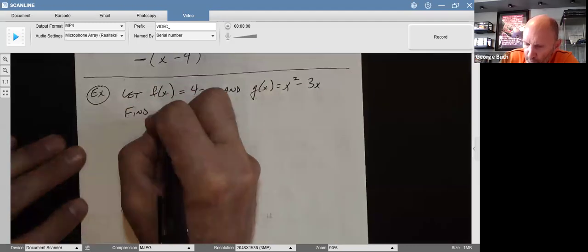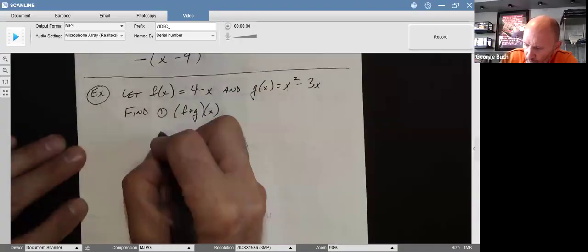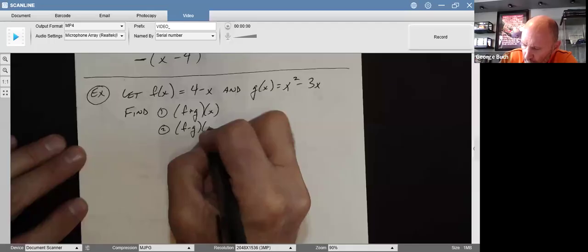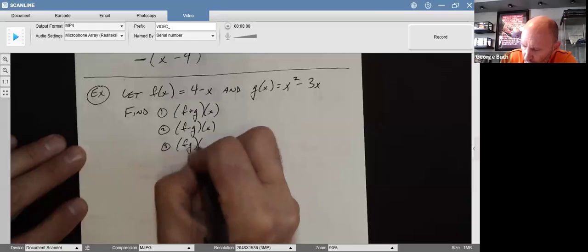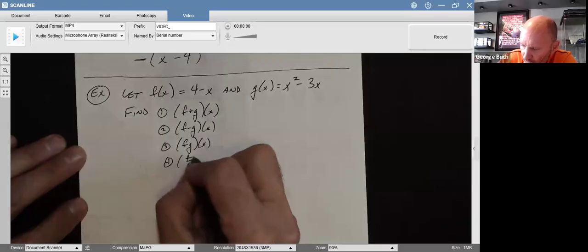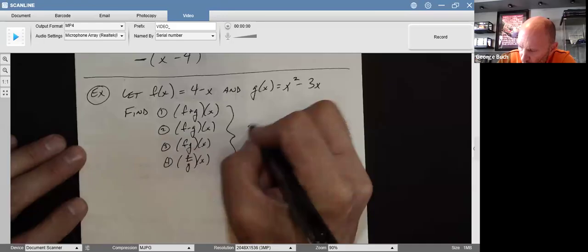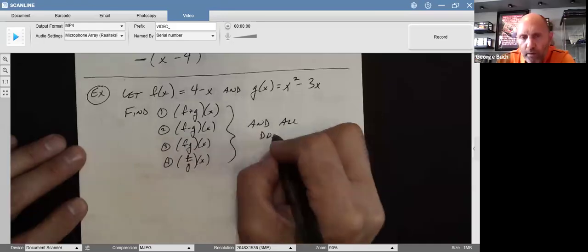First, f plus g of x. We want f minus g of x. We want f times g of x. And we want f divided by g of x. And all the domains of these combinations.